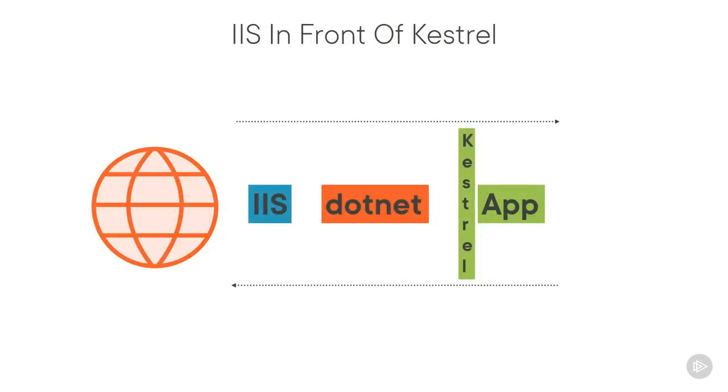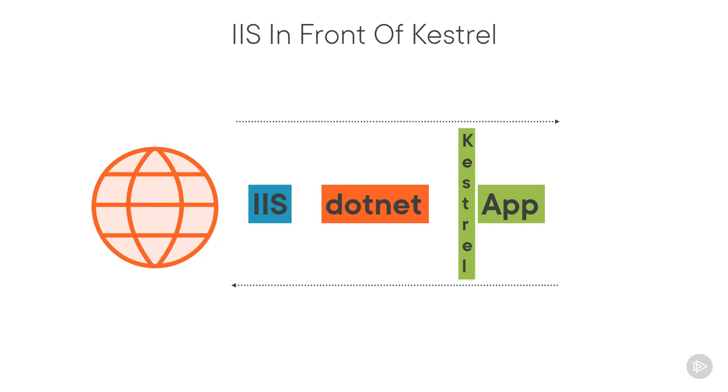In that case, it is a possibility to put a web server in front of your application, such as IIS when you're on Windows. It is used as an example on this slide, but Nginx on Linux also works, for example. This web server will then use the .NET CLI tool to run the application and keep it running.